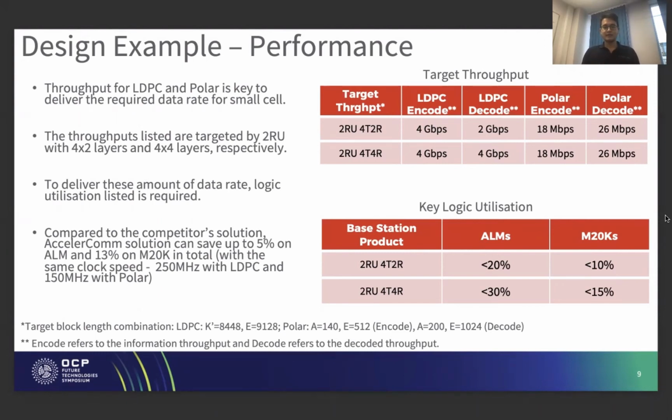For the second base station product, we only need less than 30% ALMs and less than 50% M20Ks. In comparison to our competitor solutions, the AccelerComm solution can save up to 5% on ALM and 30% on M20K in total, considering the same clock speed, i.e. 250 MHz with LDPC and 150 MHz for Polar.